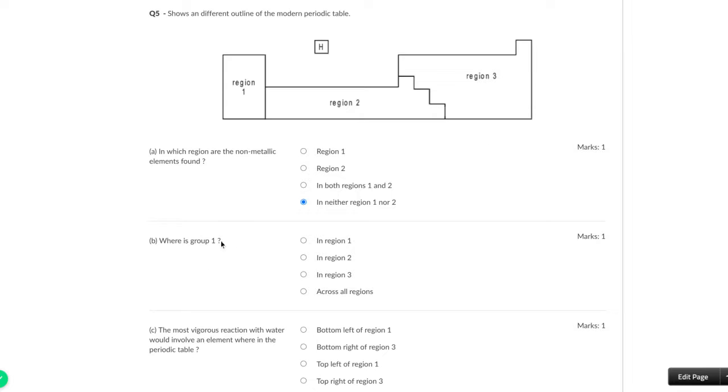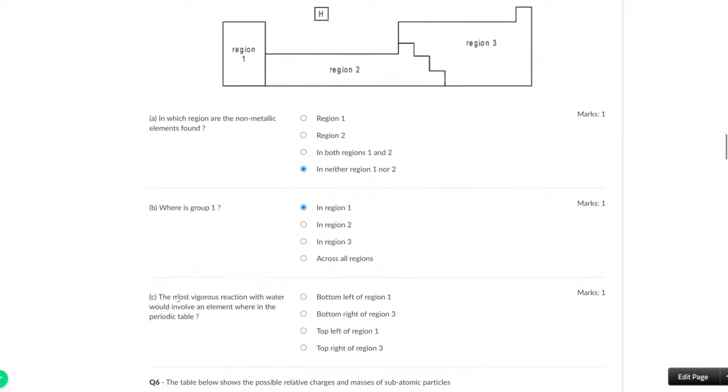And group 1 in the next question, we know that the groups in the previous question, question 4, the first vertical column on the left hand side would be group 1, and so region 1 is where group 1 will live.